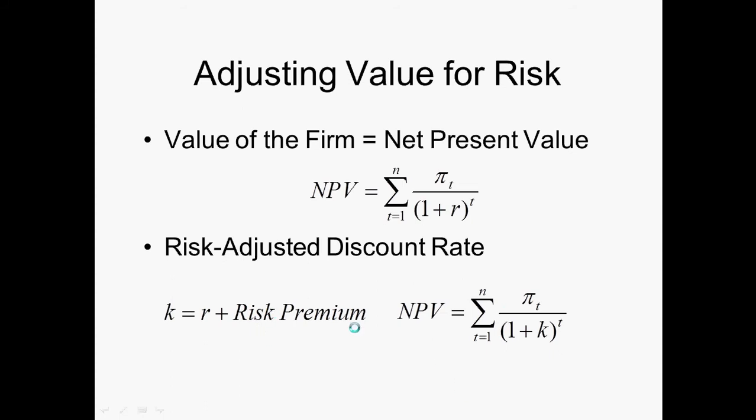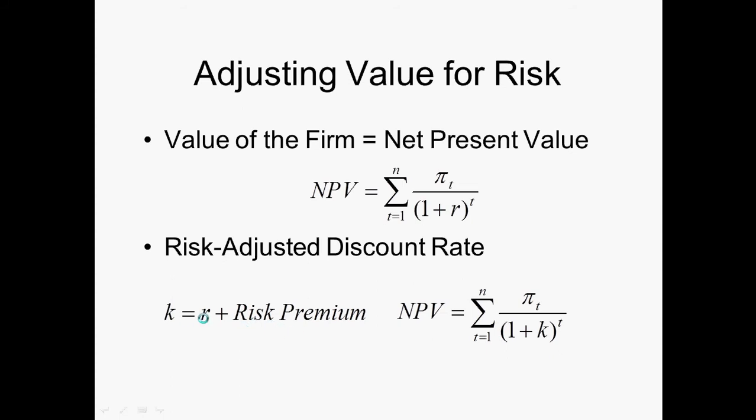Obviously, everything depends on this risk premium. How do you pick the risk premium? Well, there's no real scientific way to do it. It would just be some kind of a decision. You say, well, we would need a 9% interest rate to compensate for that kind of risk.